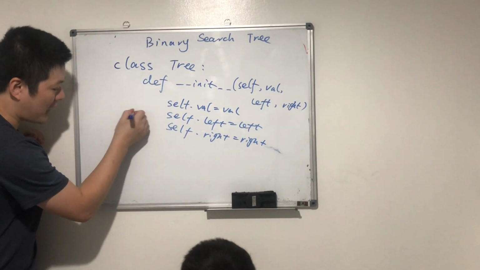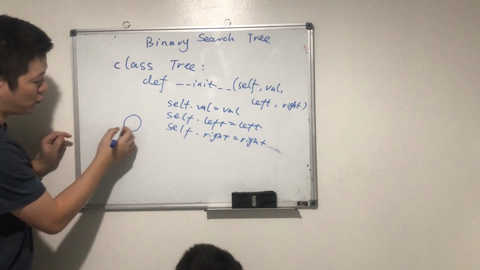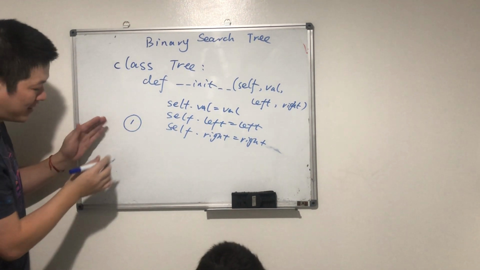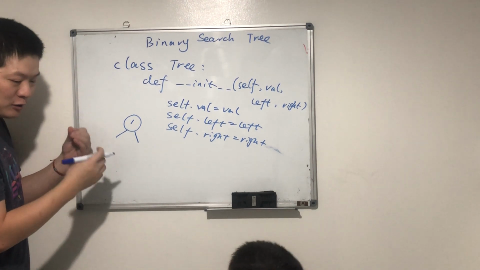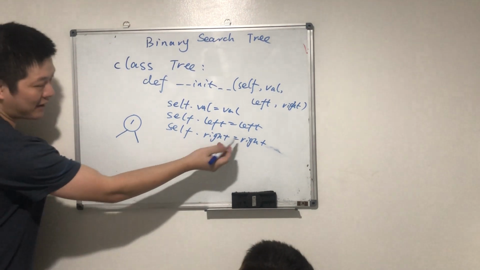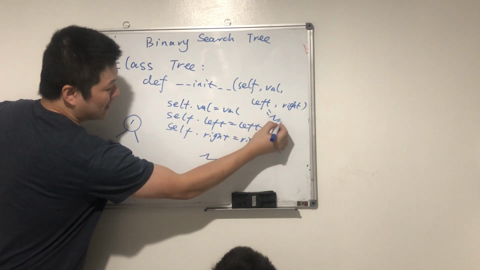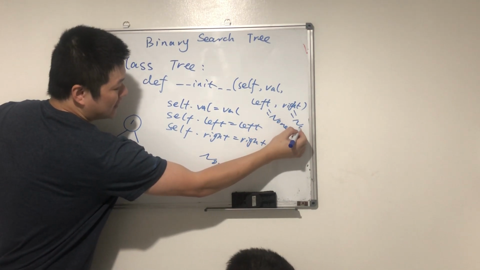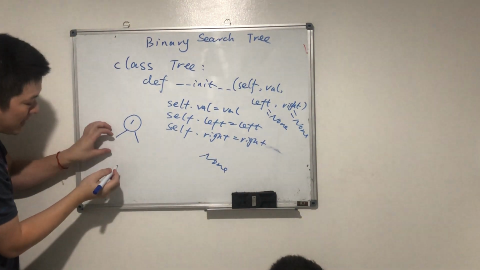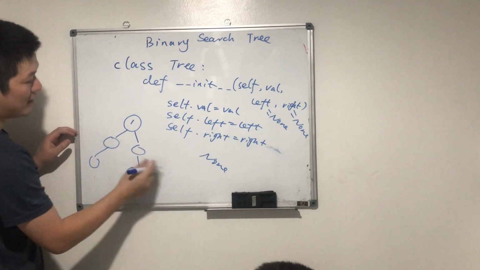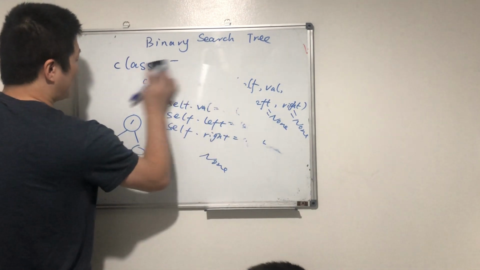One value, and it also has 2 things to point to its kids. By default they are nothing, None. So you can specify the left kid or right kid, right?